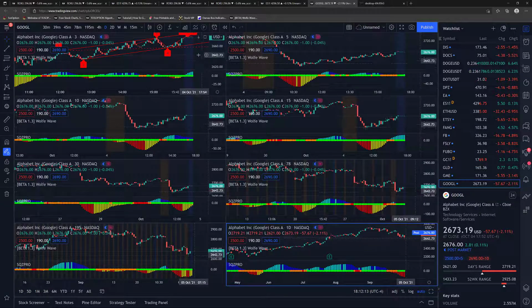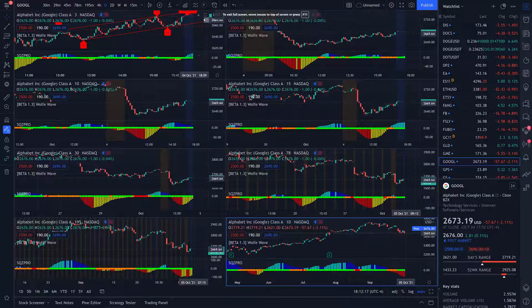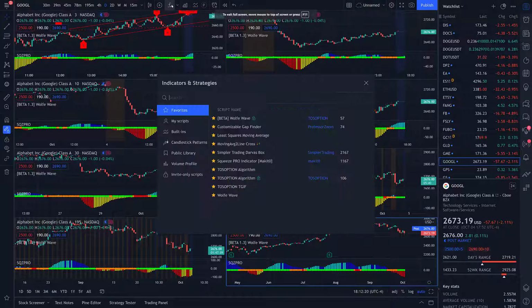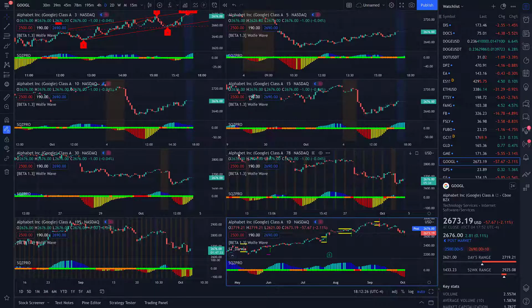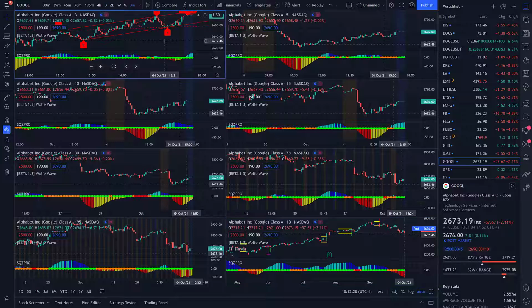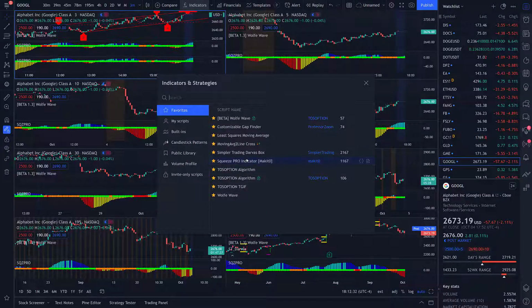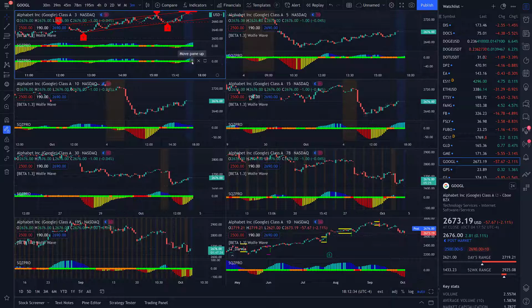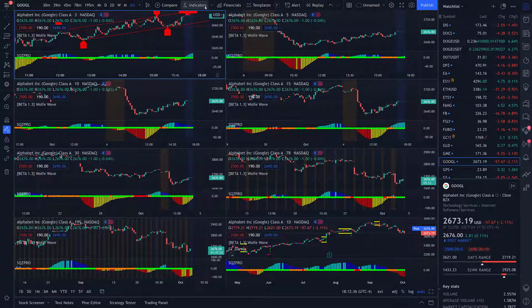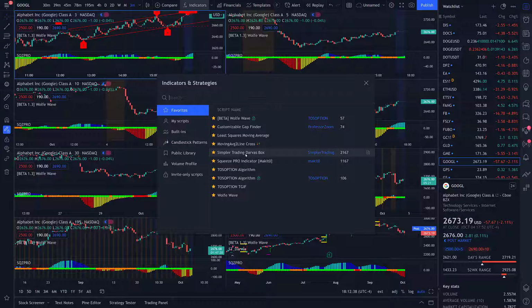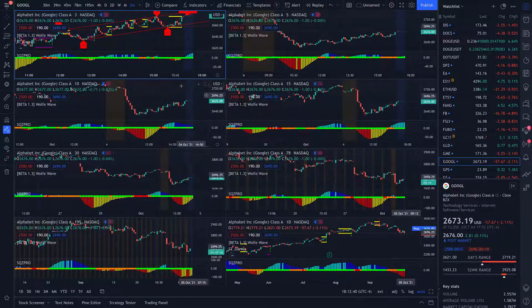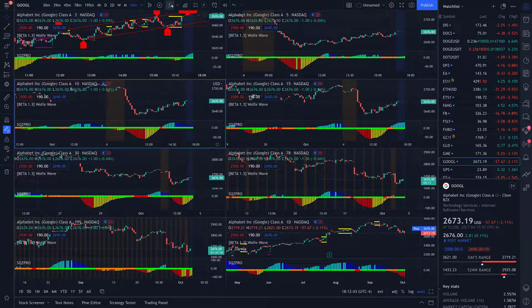And if you have more real estate, let's say if I use F12 and then maybe add those Darvas box channels, they're also pretty valuable. It might help you understand if something is in a potential breakout position or not when you're using it with the Wolfe waves.